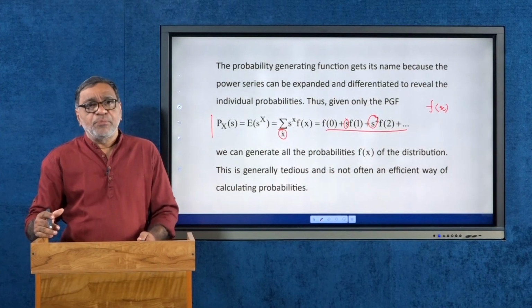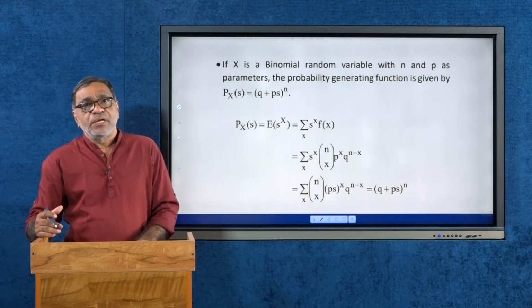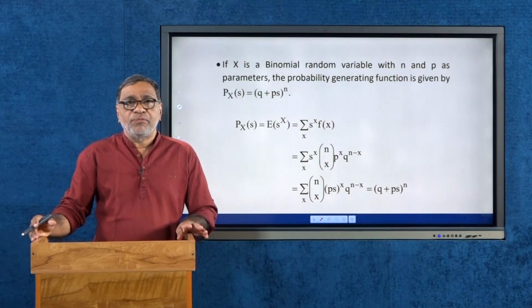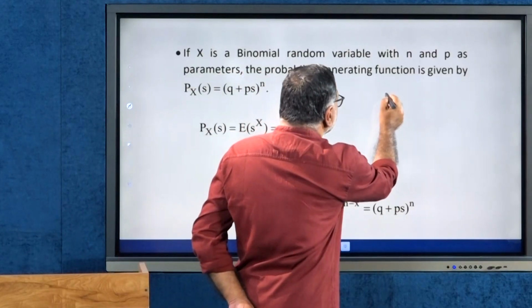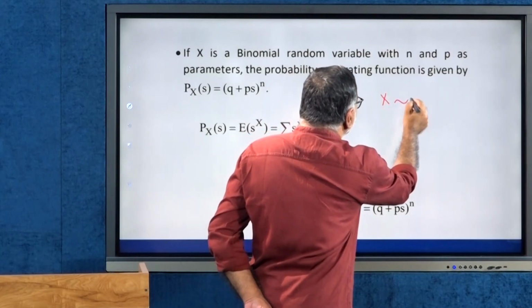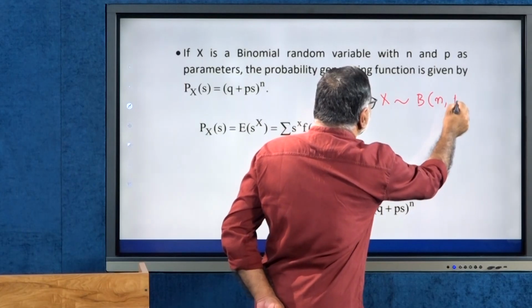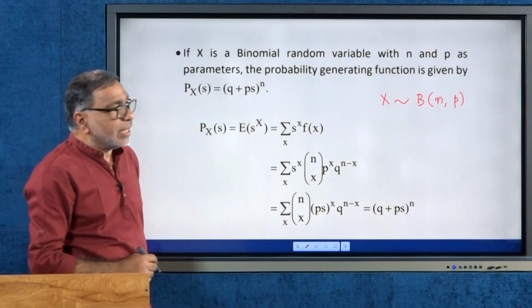So corresponding to the binomial distribution, what will be the probability generating function? We are finding the probability generating function of a binomial random variable. Suppose X is a binomial random variable with parameters n and p.